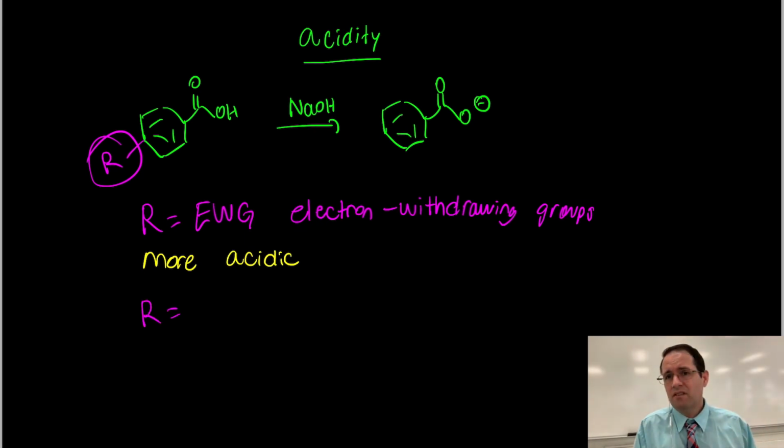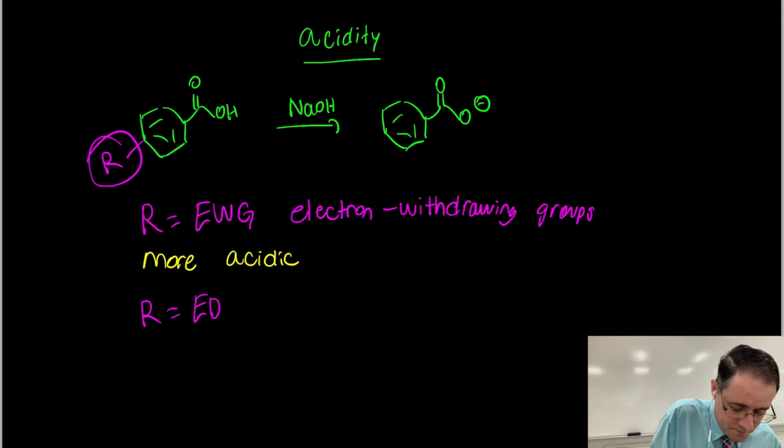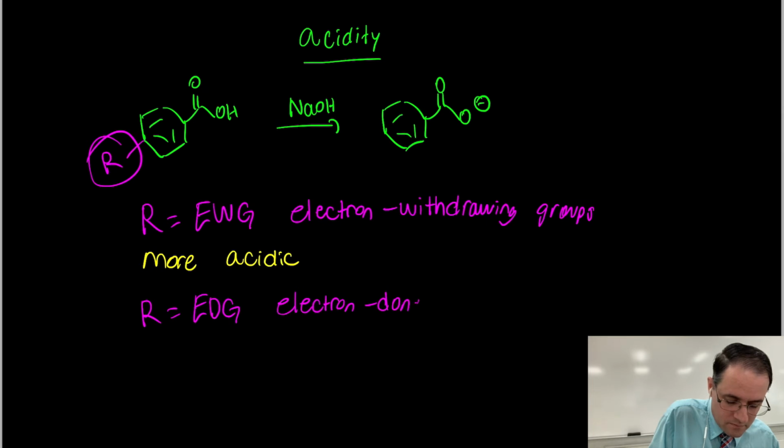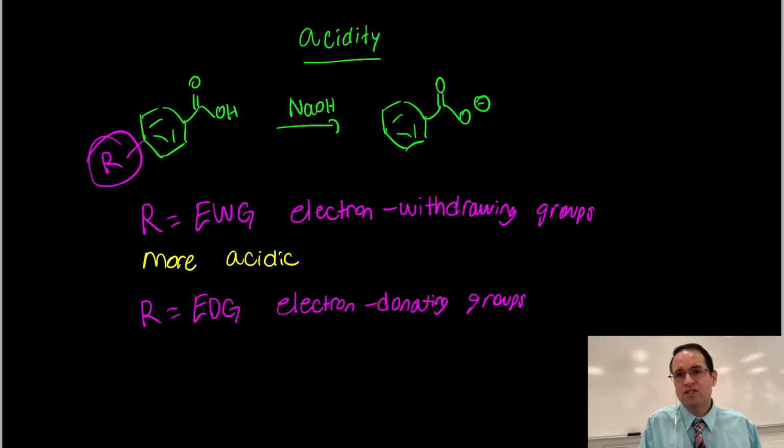If the substituent is an electron donating group, electron donating groups are listed in chapter 19 as very strong, moderate, or weak electron donating groups, like methyl groups or hydroxyl groups or amino groups, things like that.